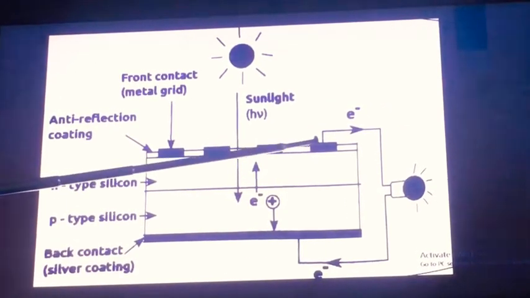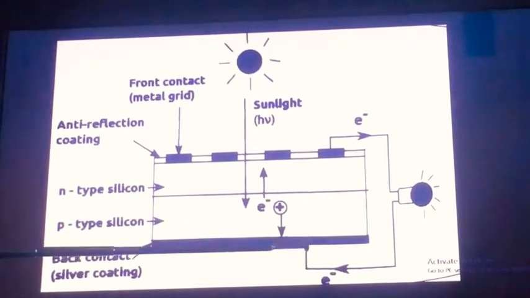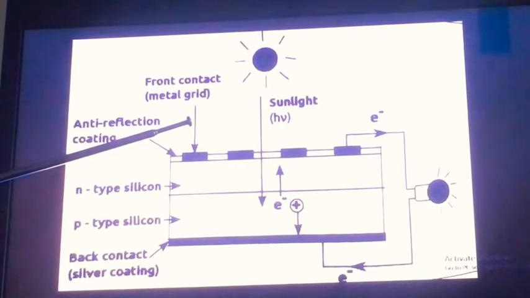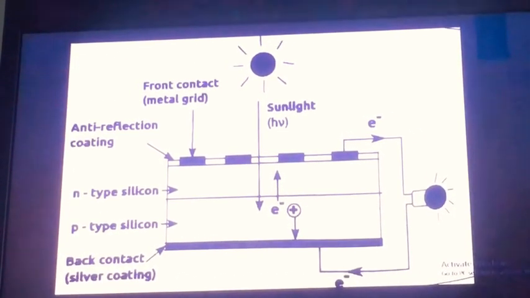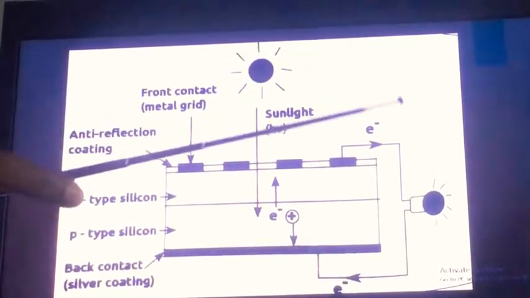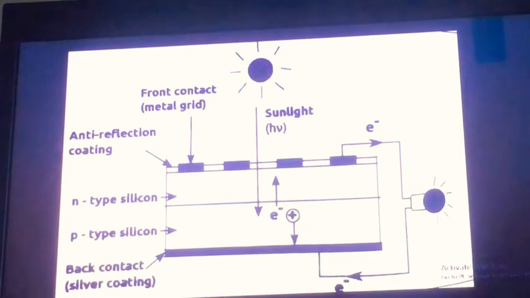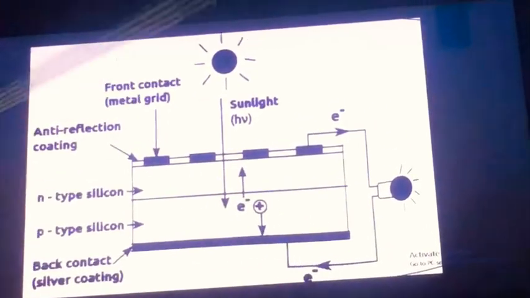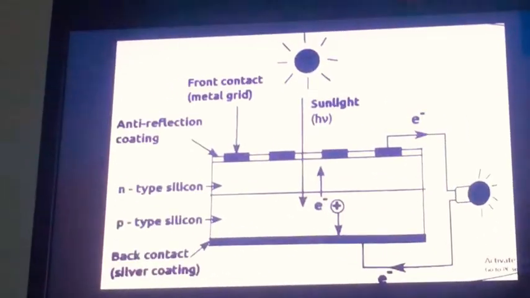These electrons will move through the outer circuit and reach the P-type end, where again they combine with the holes. As there is a flow of electrons in the outer circuit, there will be a flow of current in the external circuit. That is, photoelectric current will be produced in the external circuit. So this is the working of a photovoltaic cell.